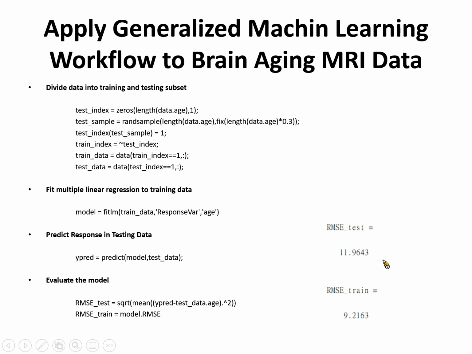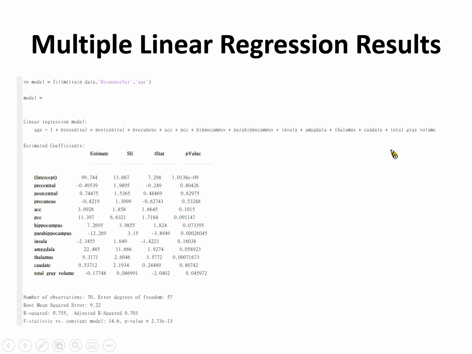But you can find that in the testing data, the error is even larger. It has 12 years of error in estimating age based on the brain volumes. Okay, so that is the very simple framework that you can apply, the same thing you learn from the workshop, to real world data.